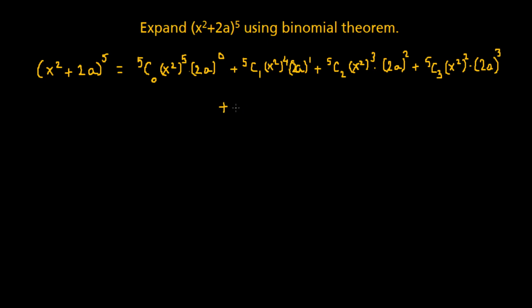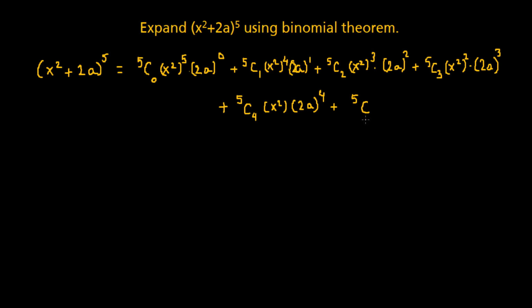Then we come to the fifth term, which is 5c4 x squared raised to the power of 5 minus 4, which is 1, times twice of a raised to the power of 4. And the final term, which is the sixth term.